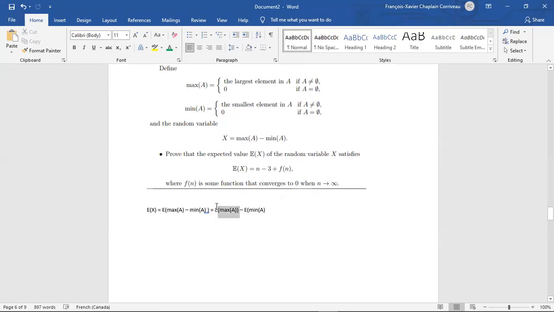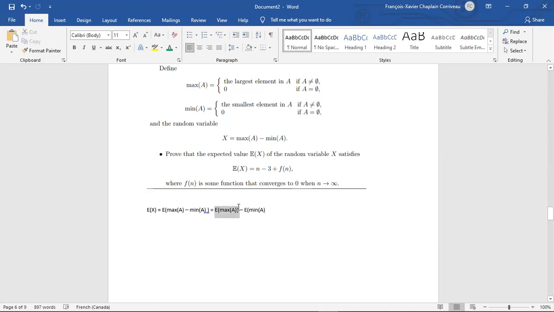If you're not sure if you need to use indicator variables or whatever, if there's some trick to it, stick to the definition. Here you should have used linearity. But you have these two functions, and it's simpler to look at them individually. So you should think to use linearity.